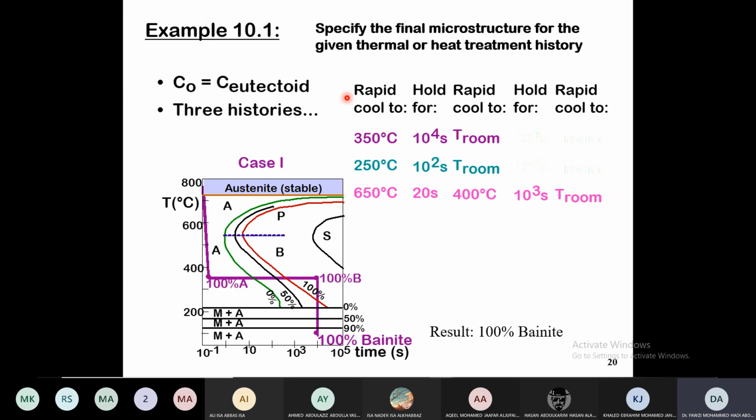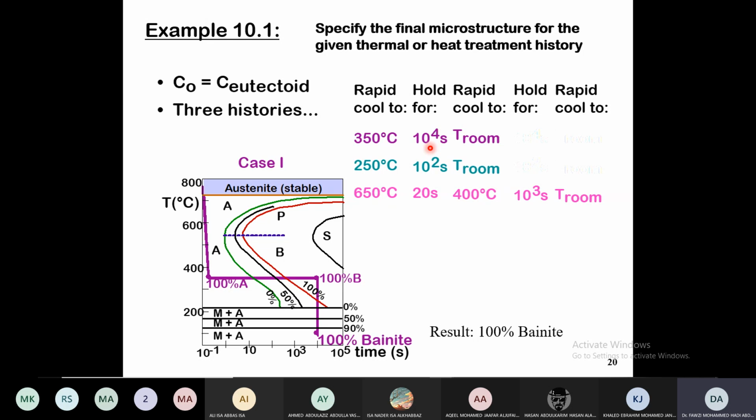So we are practicing, for example, a rapid cool to a certain temperature, like quenching, then holding for a time. As we said, isothermal diagrams refer normally to when you change the temperature, then keep it at that temperature, you don't continuously change.